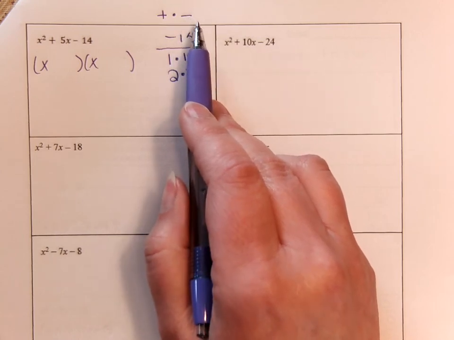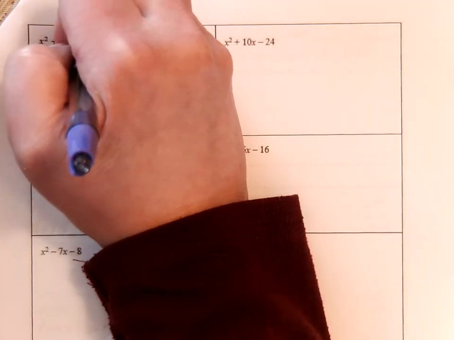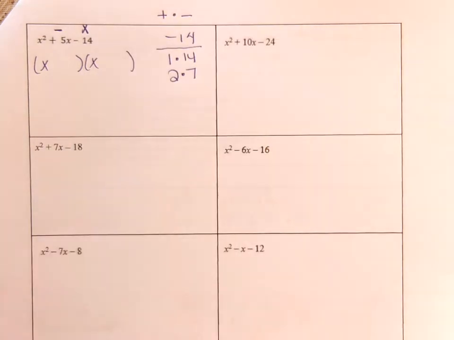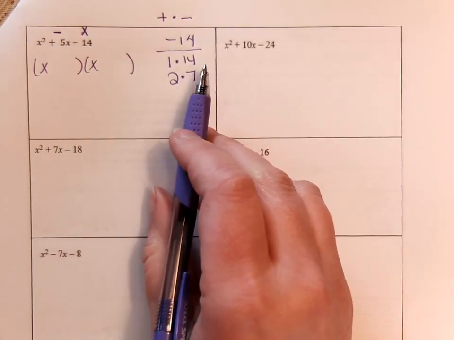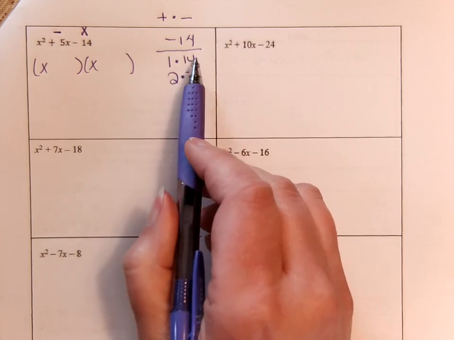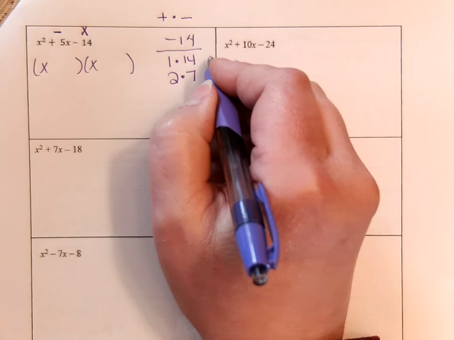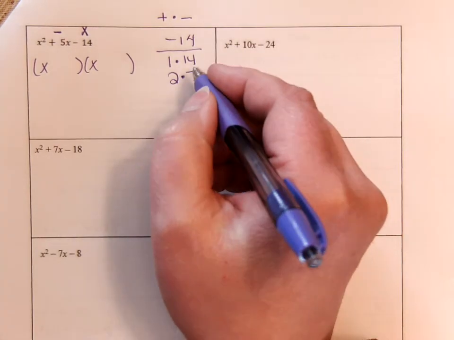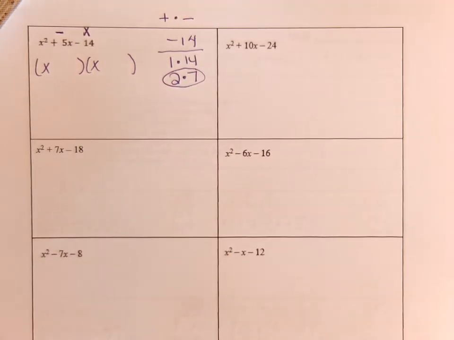So in this case, I like to think of you have to multiply to get this number and now subtract to get this middle number because of the sign differences. So I know the difference between 1 and 14 is 13, and the difference between 2 and 7 is 5. So this is going to be my lucky pair of numbers.